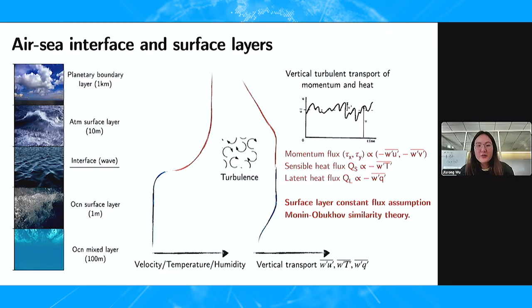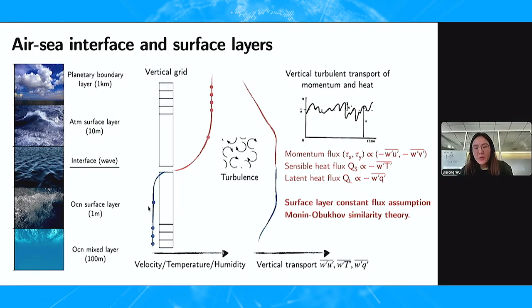These turbulent fluxes are given by the vertical transport of the fluctuations in the atmospheric boundary layer. So when we look at the air-sea interface, it's actually two coupled boundary layers with a freely evolving interface, made with waves, etc.